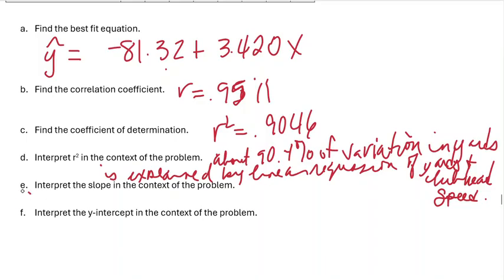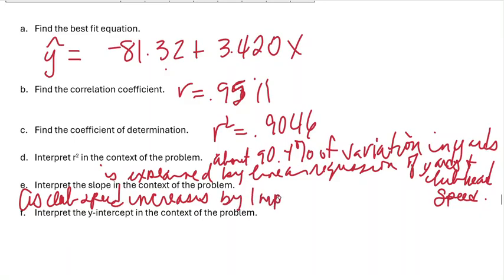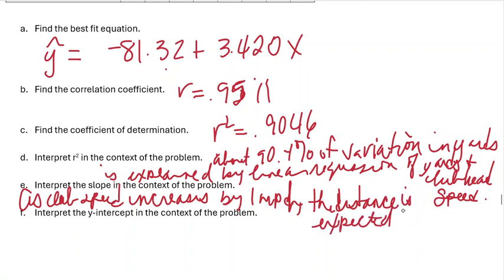So as x increases by 1, as club speed increases by 1 mile per hour, the distance is expected to increase, because the slope is positive, by 3.420 yards.